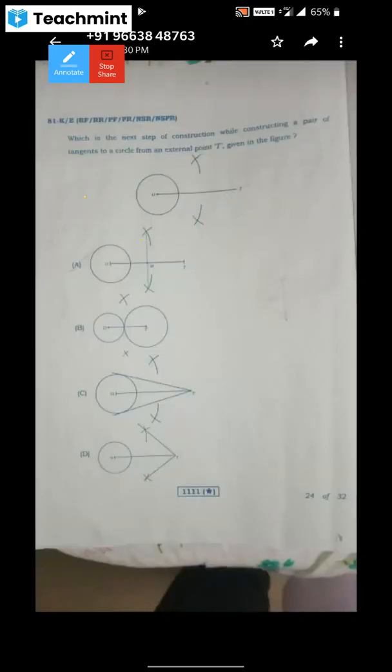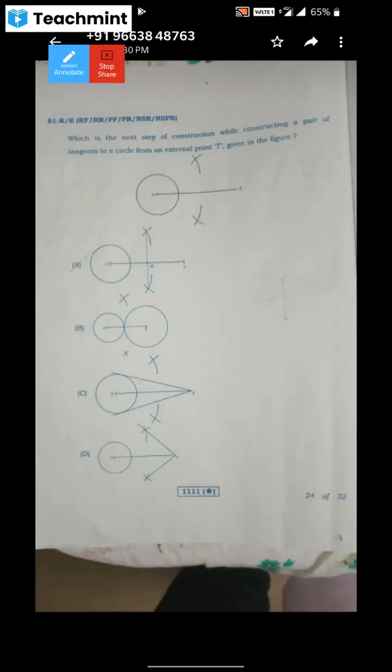See here, they have not asked for the complete construction. They have asked which is the next step of construction while constructing a pair of tangents to a circle from an external point T, given in the figure.